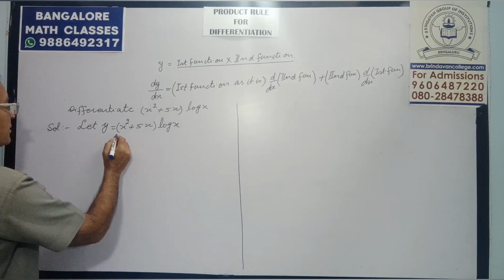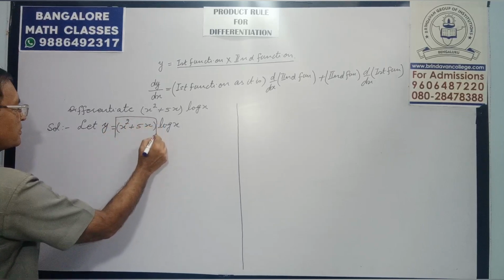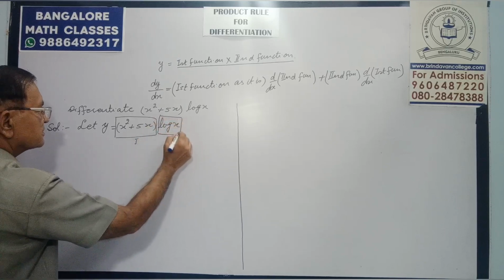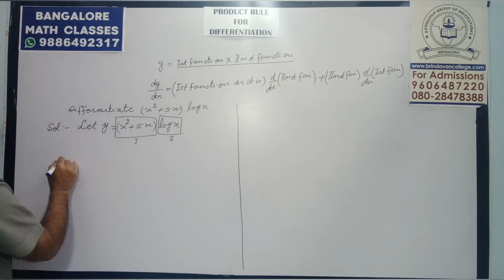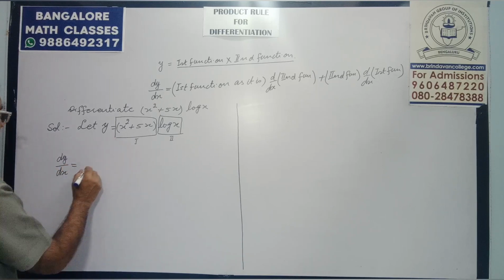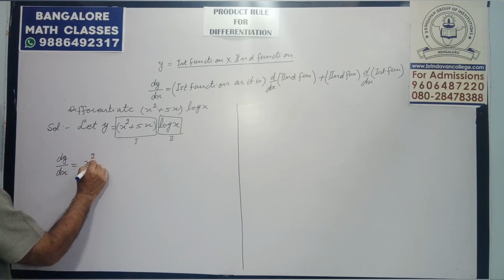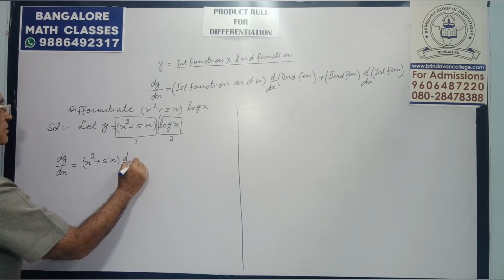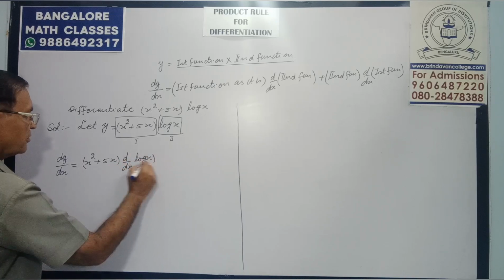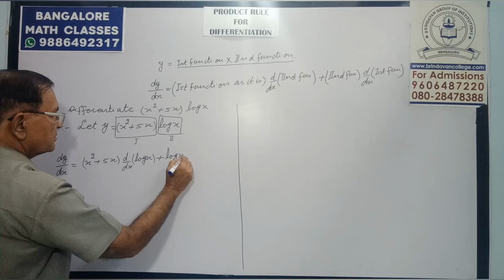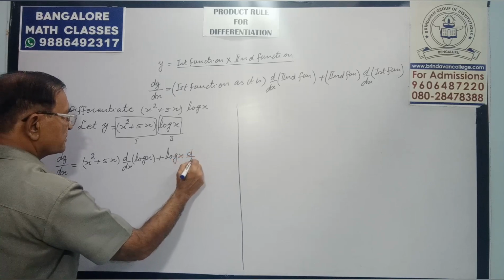First function, second function, because in both x is there. So dy by dx: first as it is, x² + 5x as it is, differential of the second, that is d/dx of log x, plus second as it is, d/dx of the first.